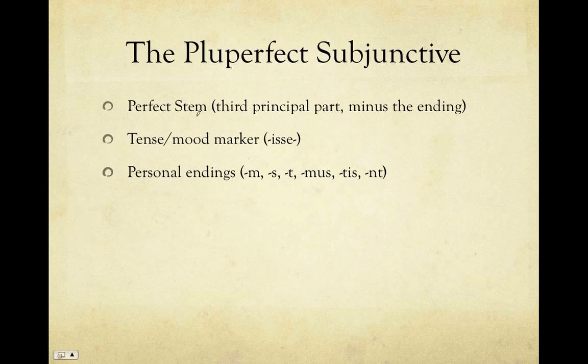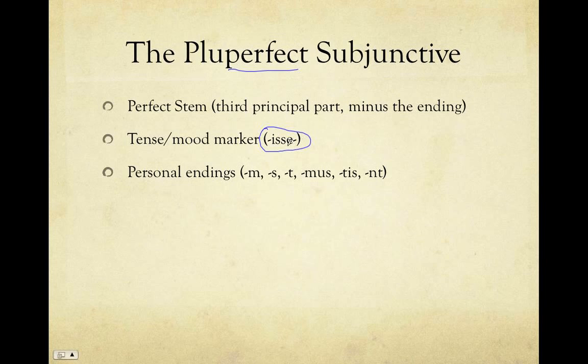The pluperfect subjunctive. Again, it's a perfect tense, so we're going to take our third principal part, our perfect stem, take away the ending, the final i. The tense and mood marker here, the infix, is going to be isse, I-S-S-E.